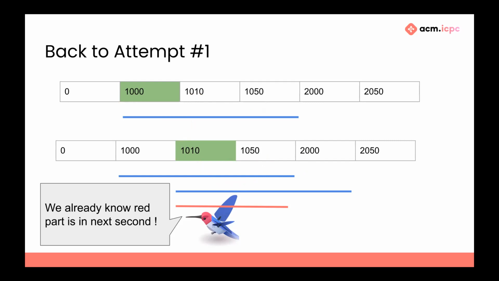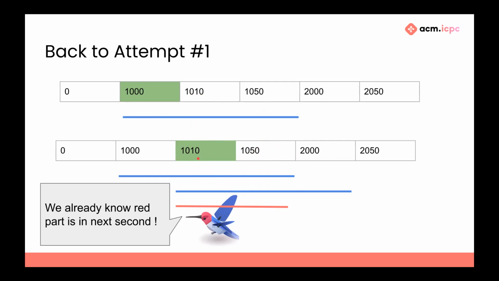However, we should know that if 1050, for example, was included in the previous second, it would also be included in the next one. And that's because since these times are in sorted order, we know that 1050 comes after 1010.